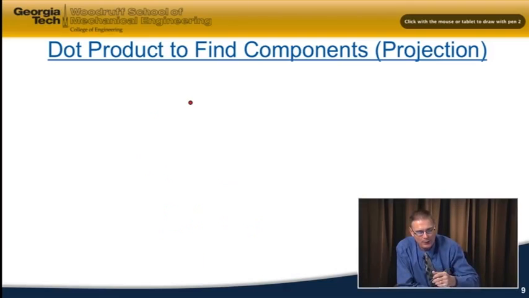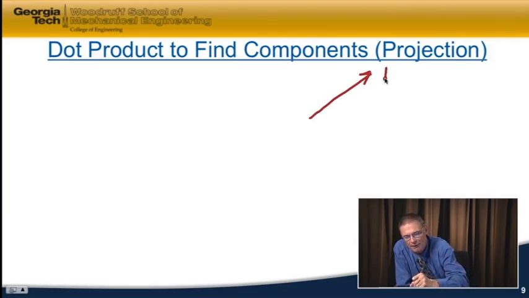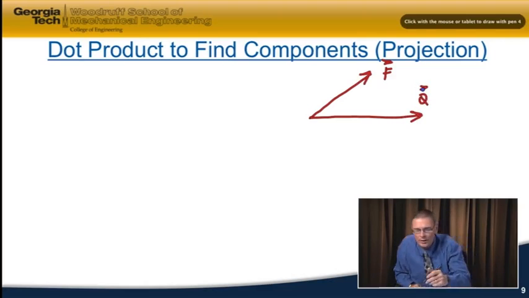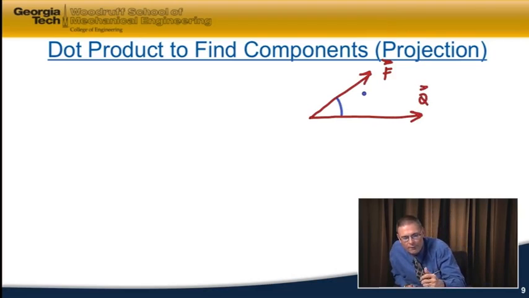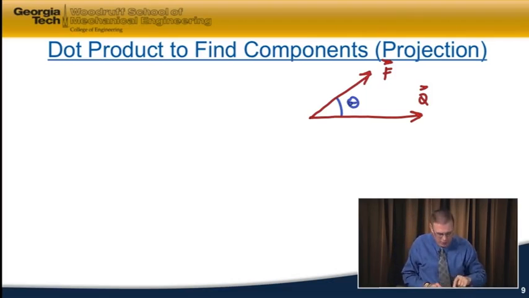Okay, the last thing we want to do this module is find the component or projection of a force onto another force or line using the definition of a dot product. So let's take a force F and a force Q with an angle between them of theta. And we're going to use the definition of a dot product to find the projection.